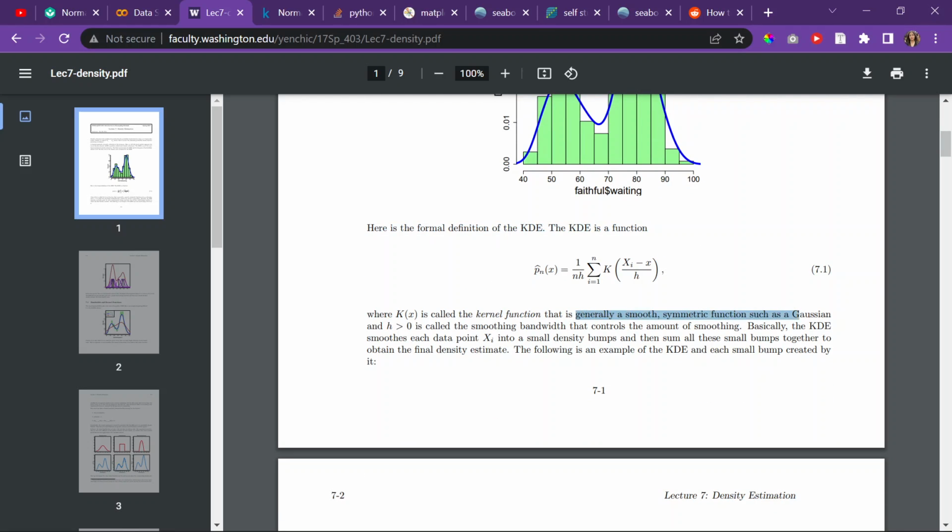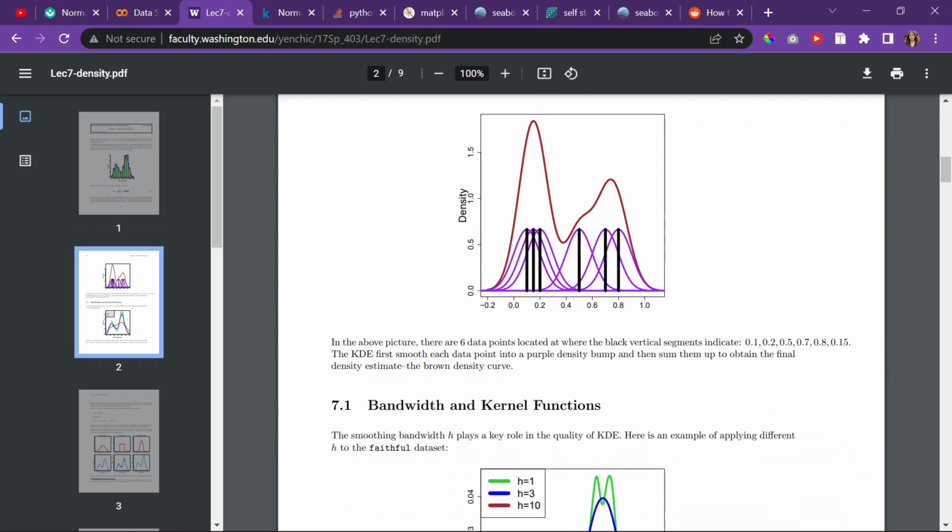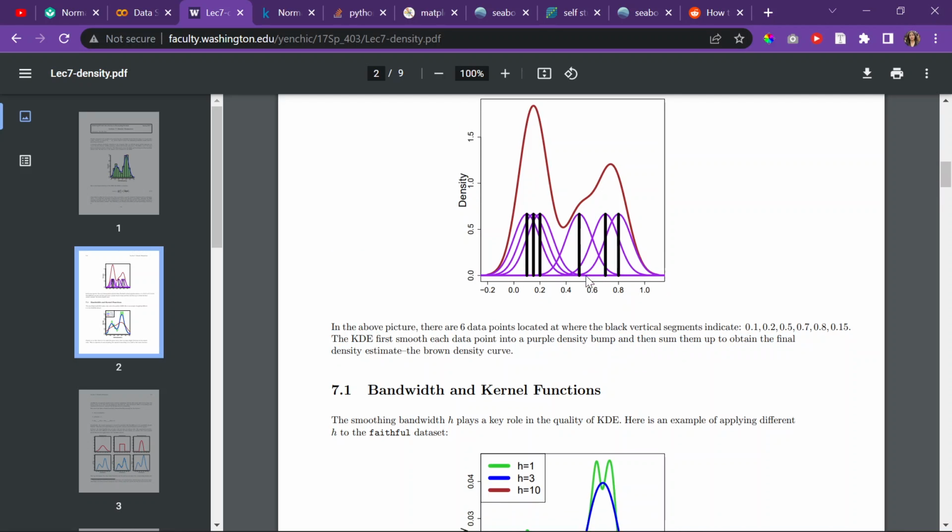Kernel function, smooth symmetric function. Interesting. Oh wow. So each point into, wow.